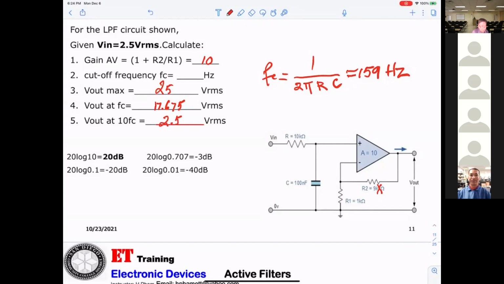Okay, any question on this example? However, for the same problem, if we're using a two-pole low-pass filter, the calculation should be different.